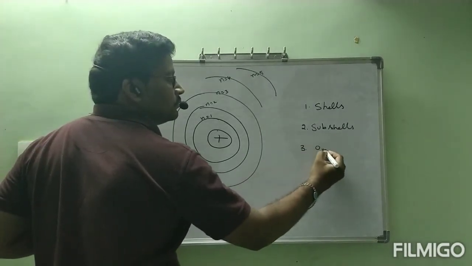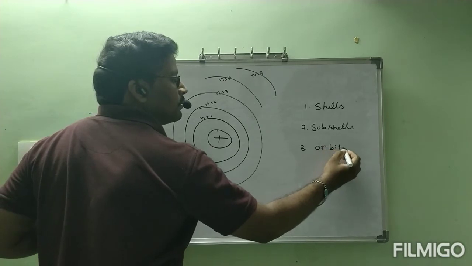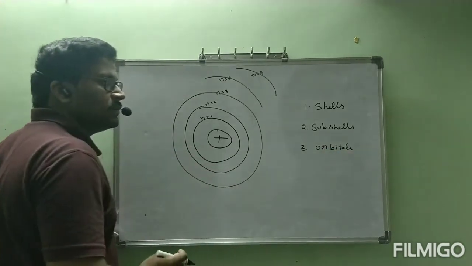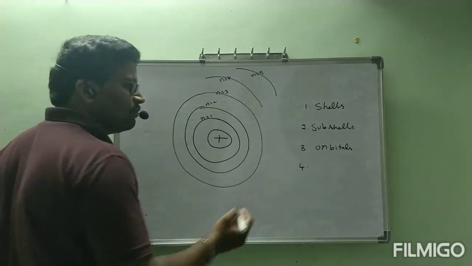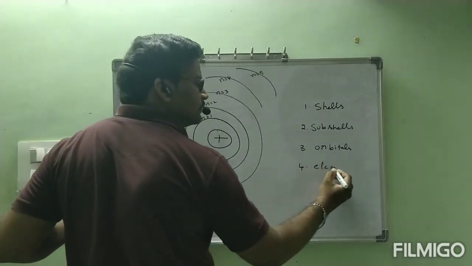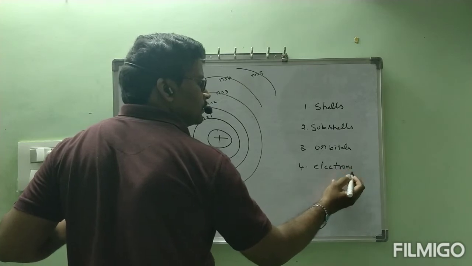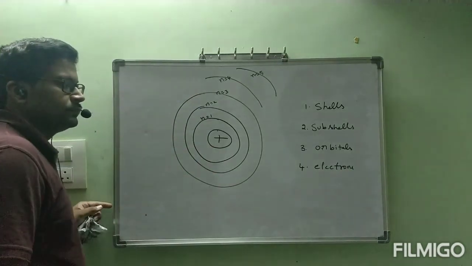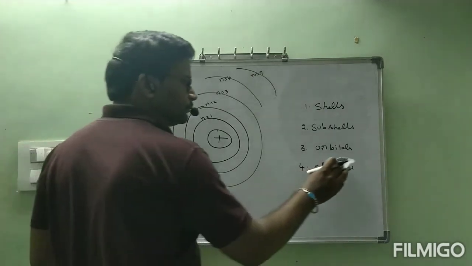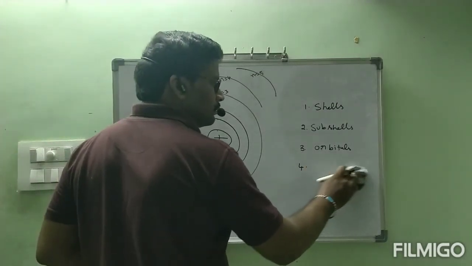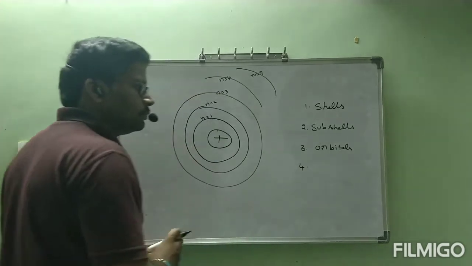Third one, orbitals. Fourth one, electrons.